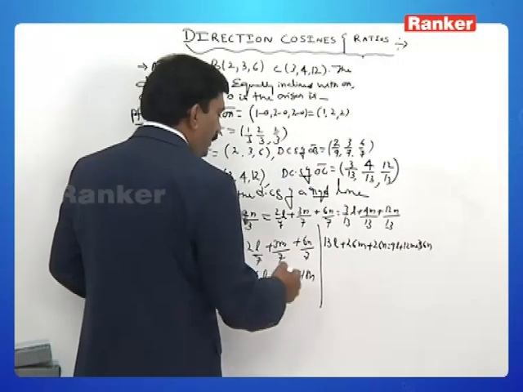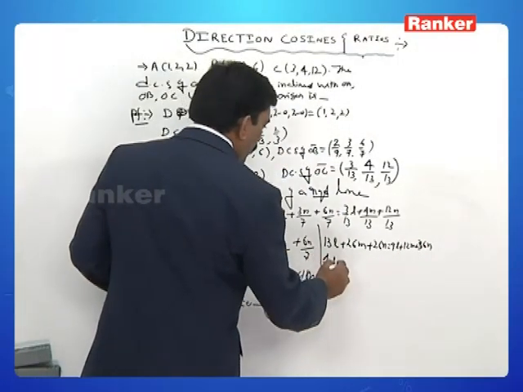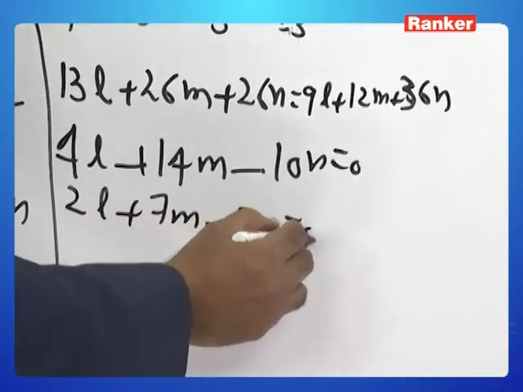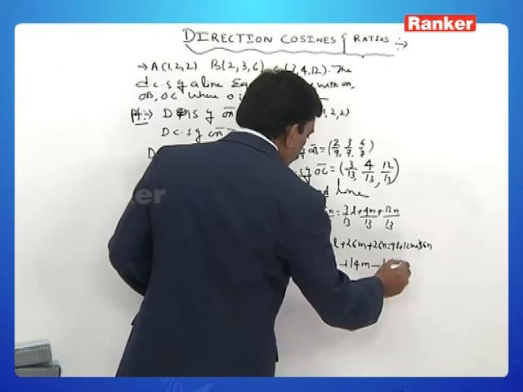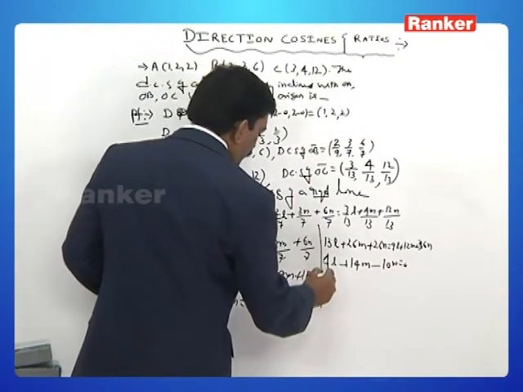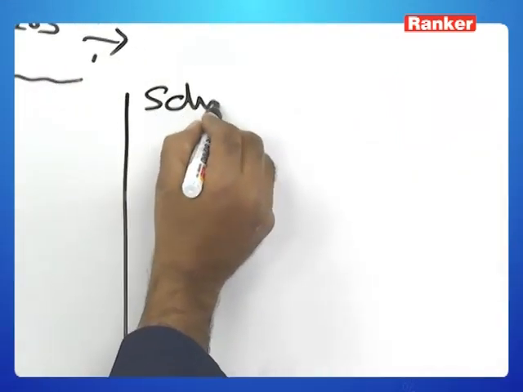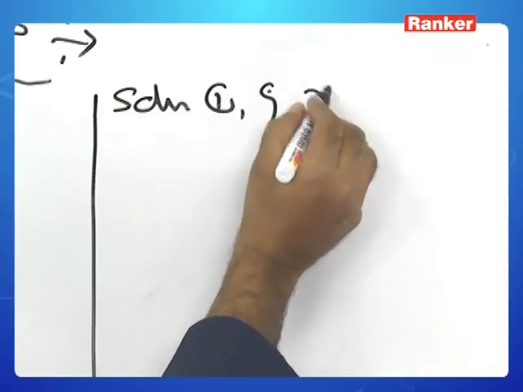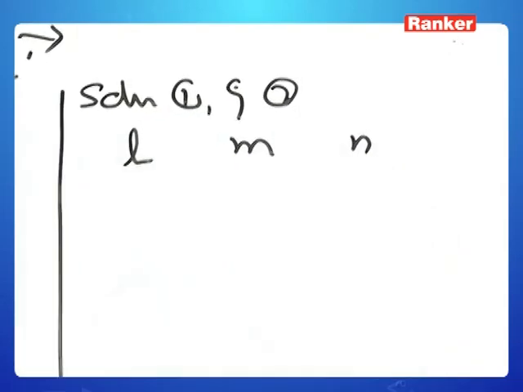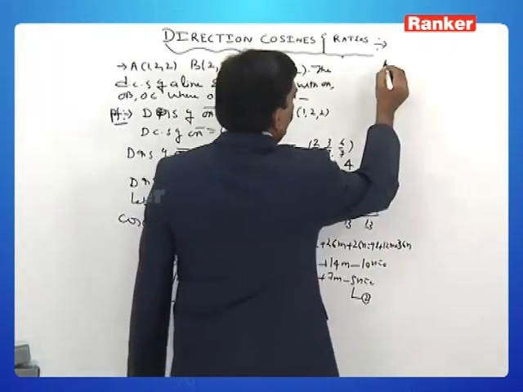Now you transfer this side: 4L, next 14M, next 26 minus 10N is equal to 0. Divide by 2. So therefore 2L plus 7M minus 5N is equal to 0. You call it as 2, right? Now solve.